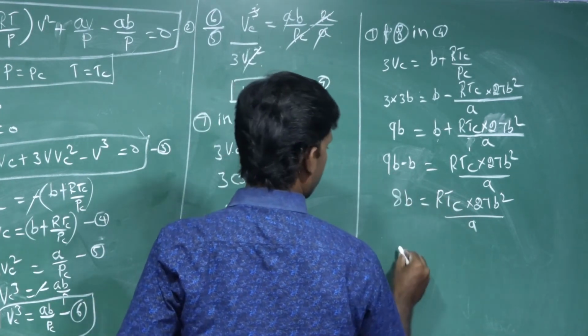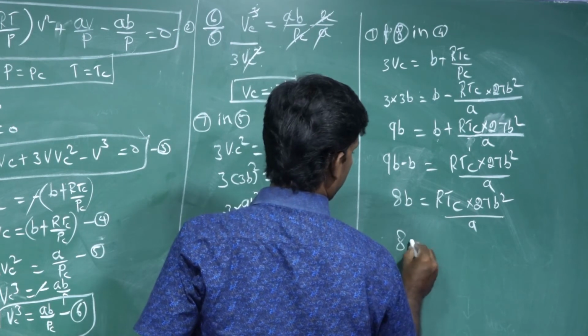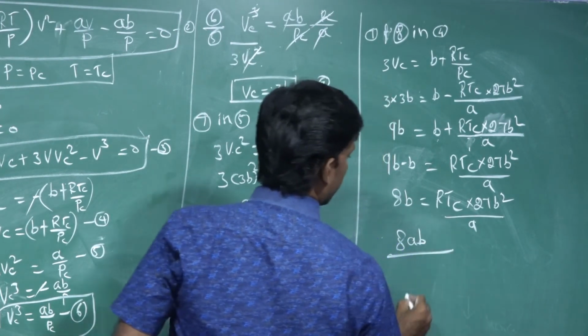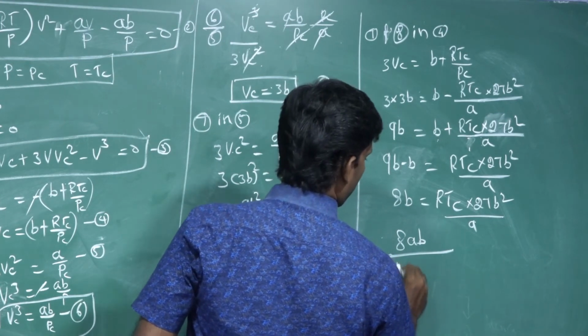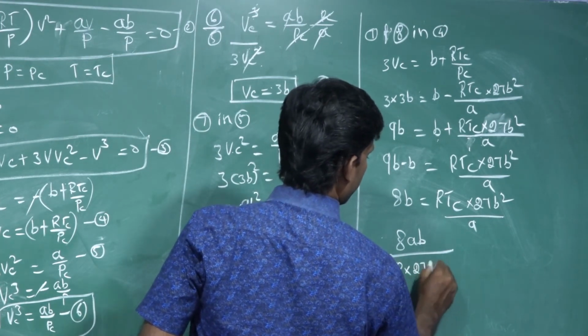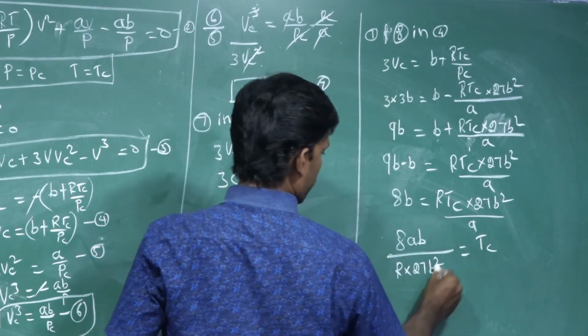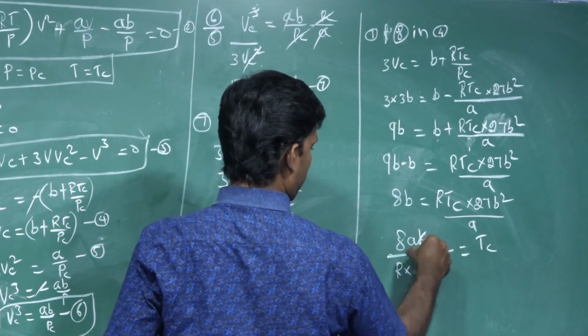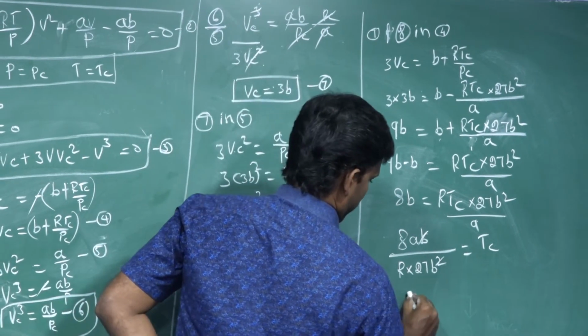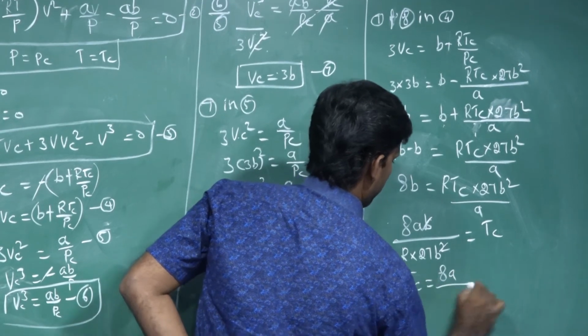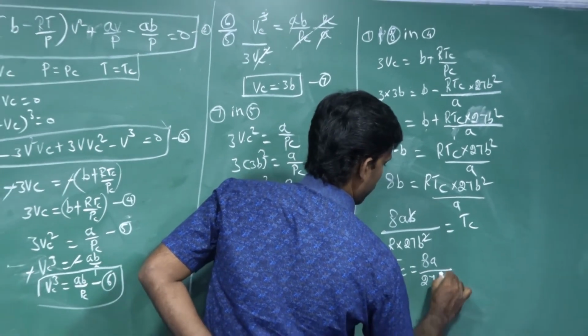So alter it like this: 8AB divided by R into 27B squared is equal to TC. So finally TC equal to 8A by 27RB.